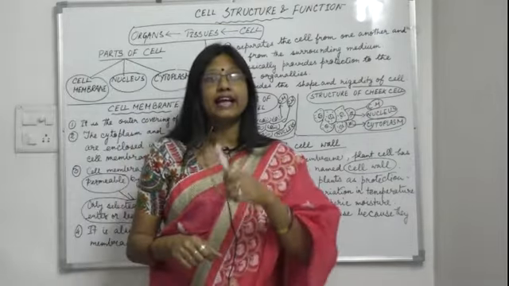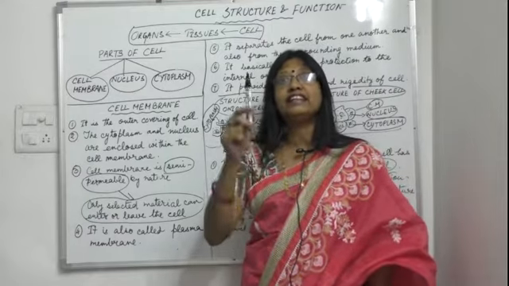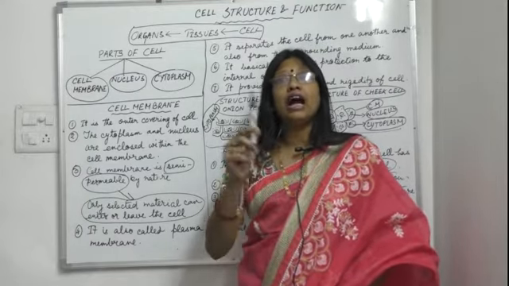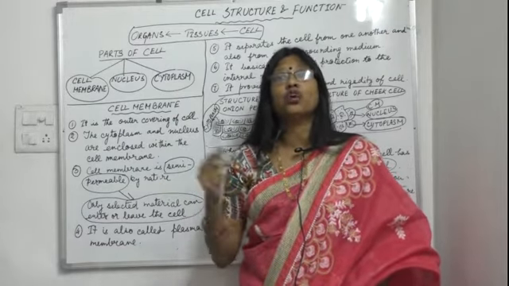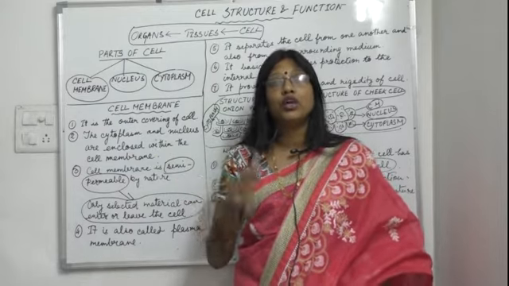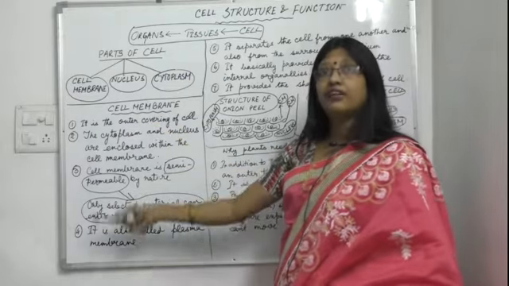So, again recapping the functions, or the details, of the cell membrane. If you are asked in your exam to write a short note on the cell membrane, you can write point-wise.